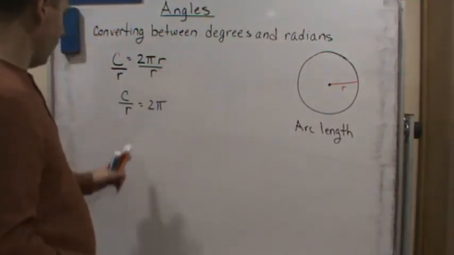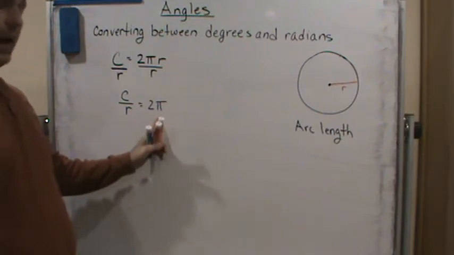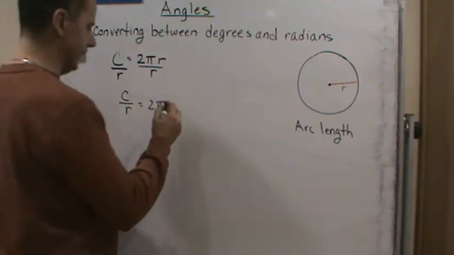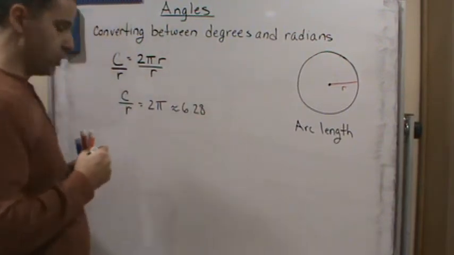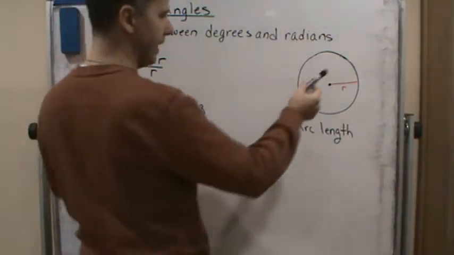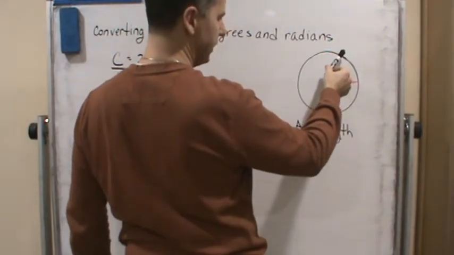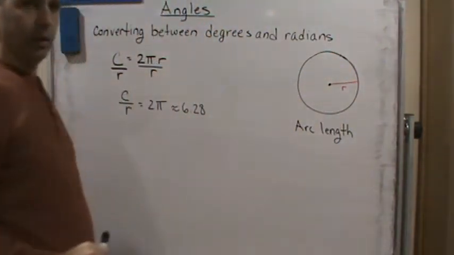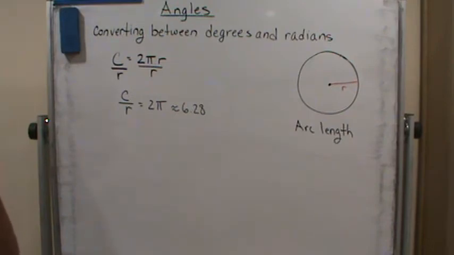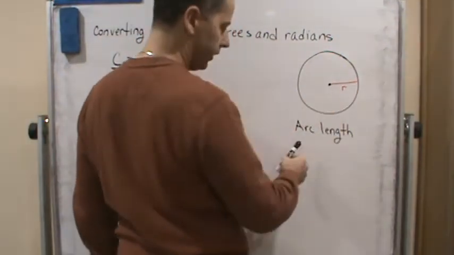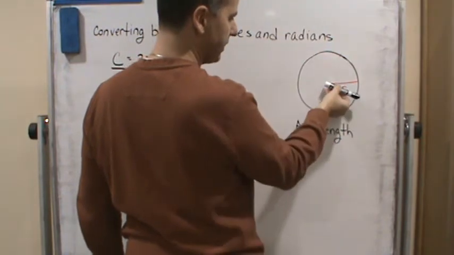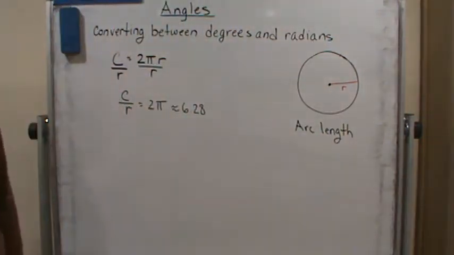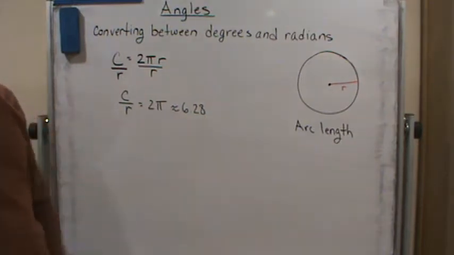If I do that, I get 2 pi, which is approximately 6.28. So if I subdivide the circumference into equal sections of length r, or arc length of r, I get 6 equal wedges and then a little sliver left over at the end, which is that 0.28.